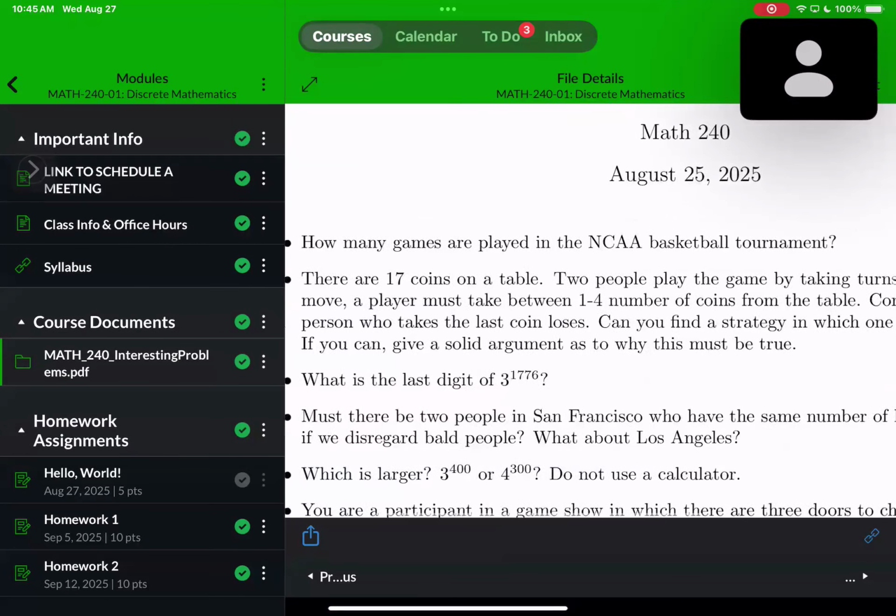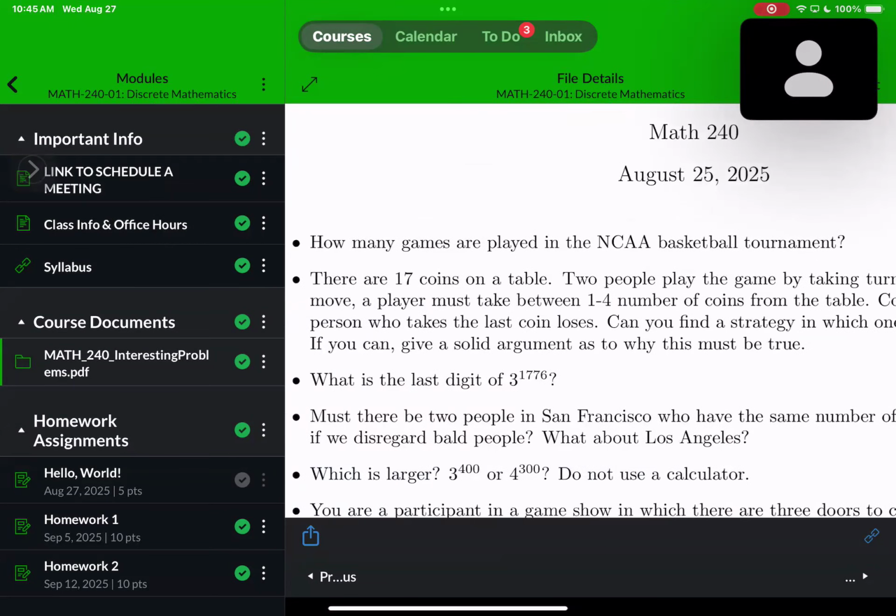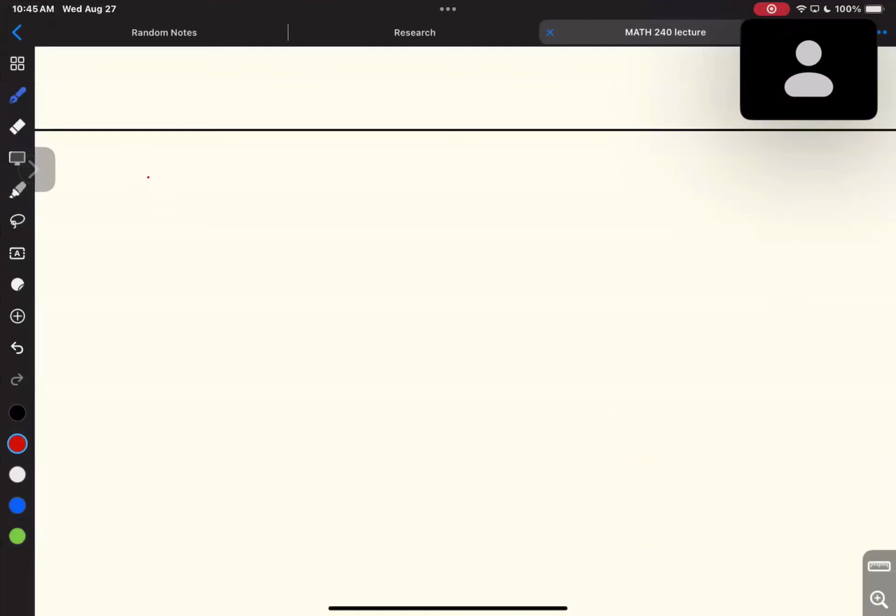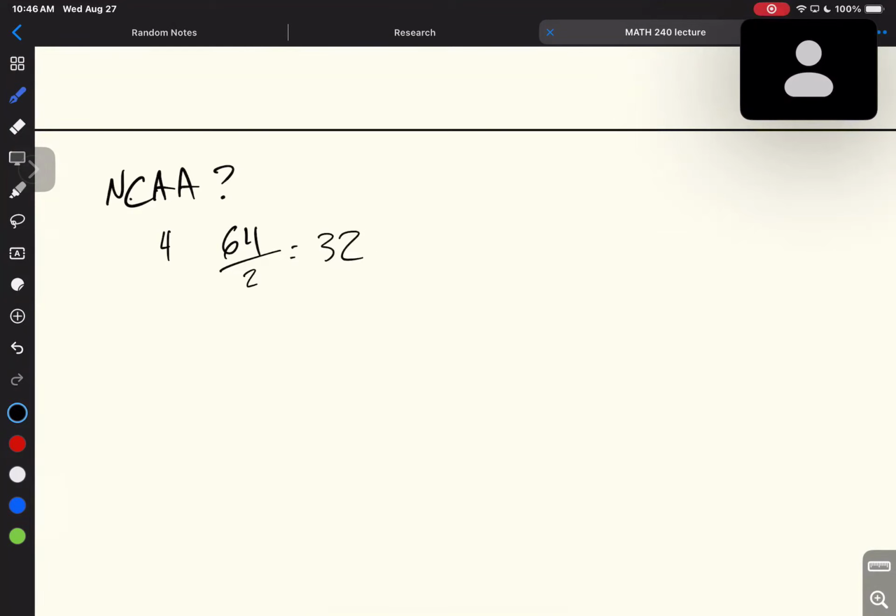So let's briefly go over how many games are played in the NCAA basketball tournament. It starts with the first four games. And then you have 64 teams. And if you've got 64 teams and everyone plays each other, then that's 32 games in the first round.